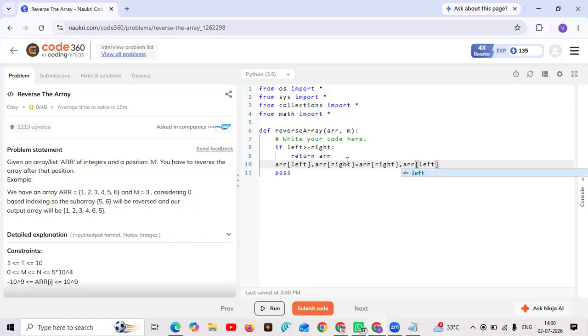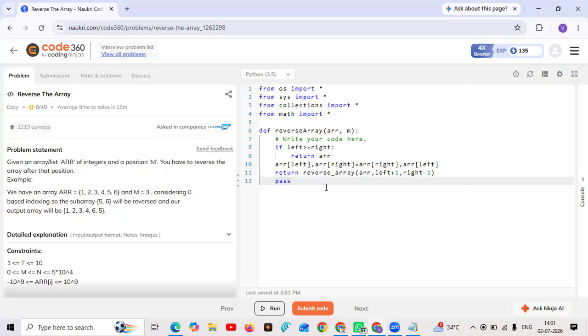By doing this, we can get the solution. You can make it like that: reverse_array(arr, left plus 1, right minus 1). Left plus 1, comma, right minus 1.